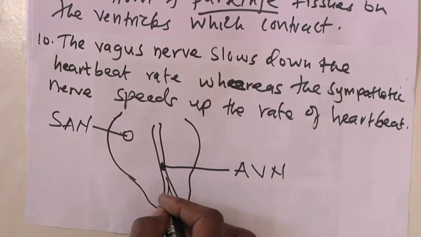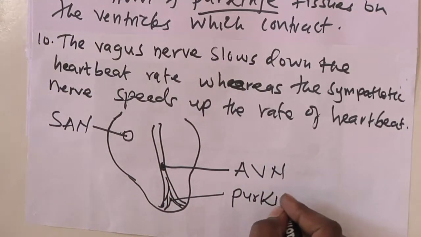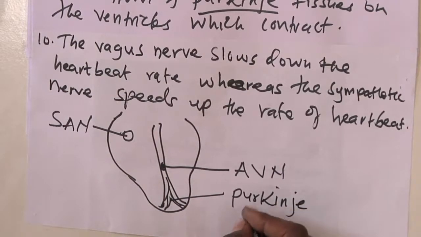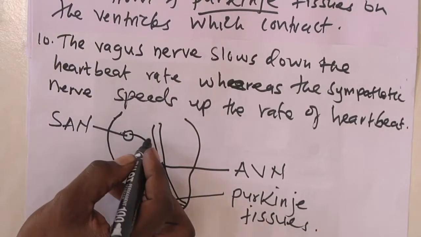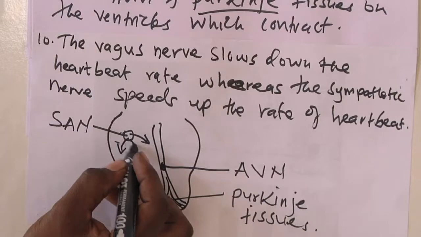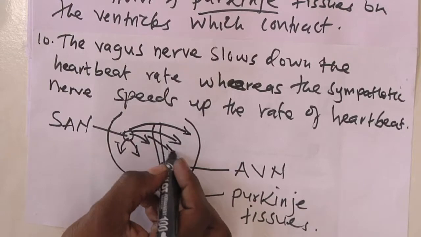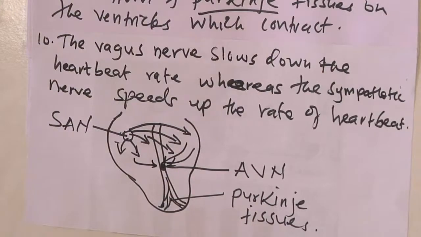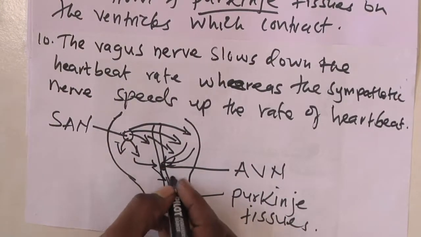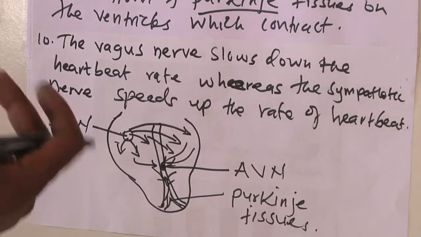Then there are these tissues here, what we call the Purkinje tissues. So the waves of contraction will always originate from the sinoatrial node on the right atrium as they spread towards the left atrium. Then from there they are picked up by the atrioventricular node, and from there they are distributed towards the Purkinje tissues. So that is the mechanism or the functioning of the internal parts of the heart.